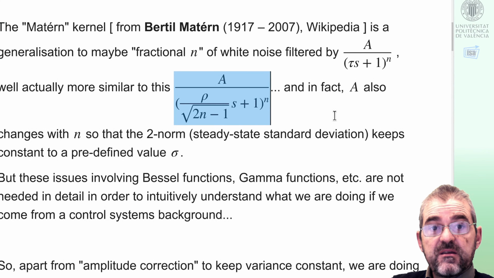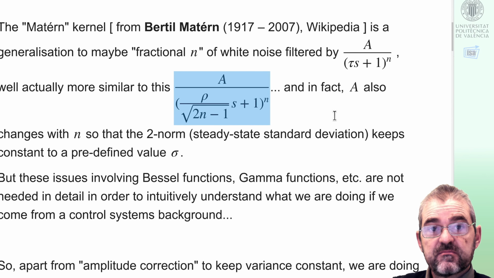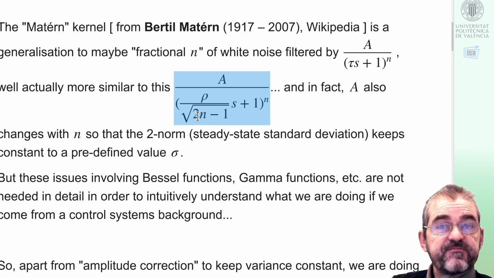So the theory underlying this formula proposes making the filter faster as the order of the filter increases in order to converge to a non-zero limiting behavior. The time constant decreases with the square root of the order.